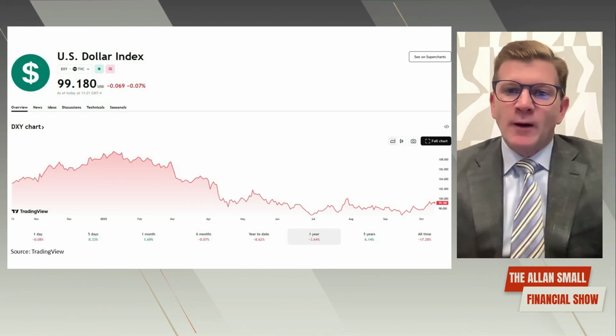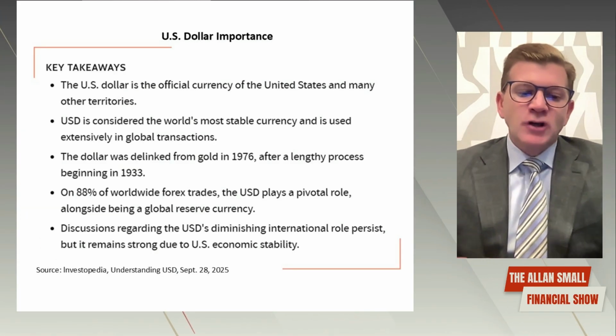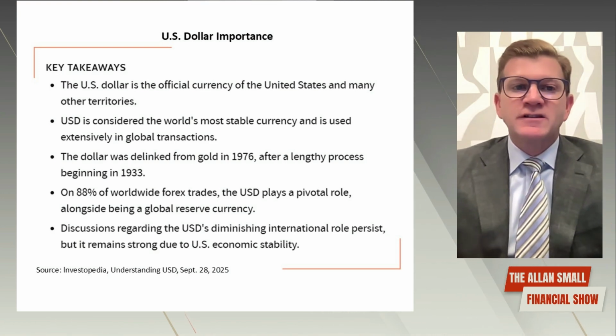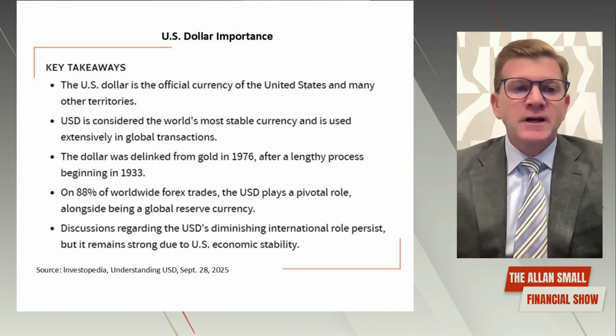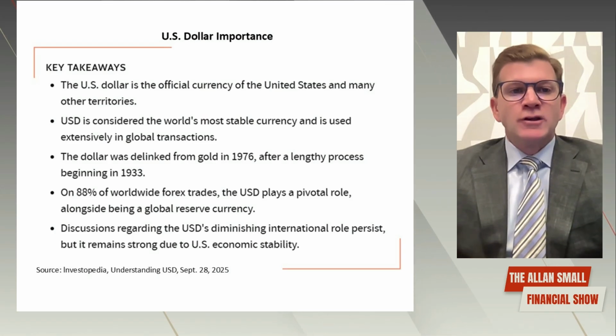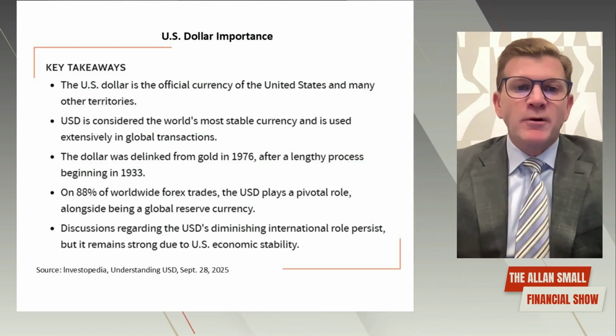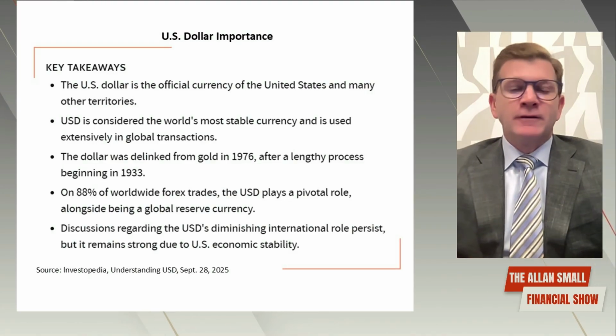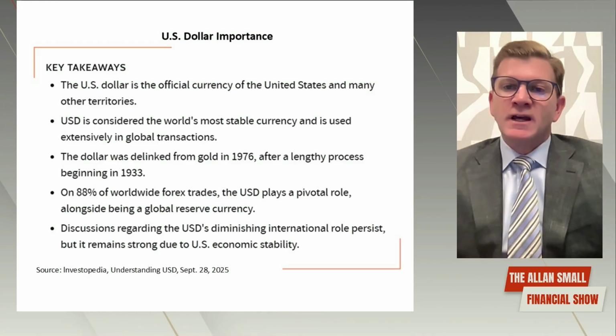Let's go back to the chart that we put up just briefly, and we can show the US dollar importance. Key takeaways: the US dollar is an official currency of the United States and many other territories. The US dollar is considered the world's most stable currency and is used extensively in global transactions. We know that. The US dollar, especially in emerging markets, is huge.